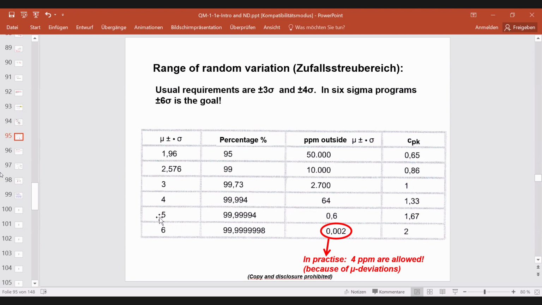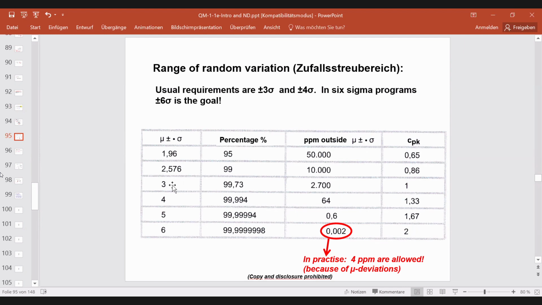If we have plus minus 5 sigma, here you have 9 values on the right side of the point, and here you have 9 times the 9 on the right side of the point. So this is for 6 sigma. So there is a correlation, of course. This is the parts per million outside the tolerance, and this is the CPK value.